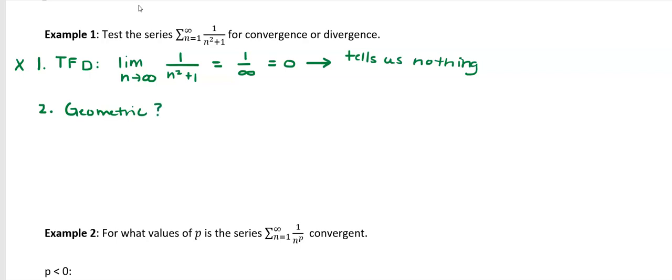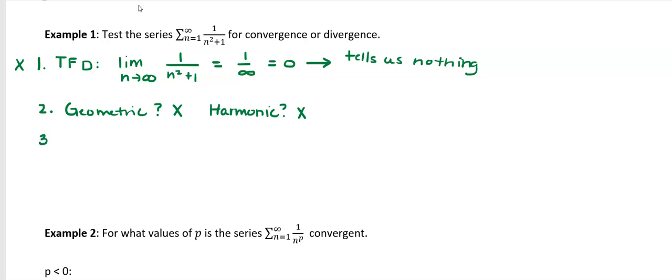It doesn't have that a times r to the n minus 1 idea going on there, so it's not geometric. And we need to think, is it harmonic? And the answer is no, it doesn't seem to have that 1 over n form to it.